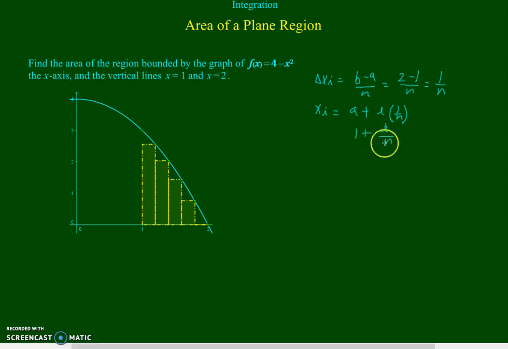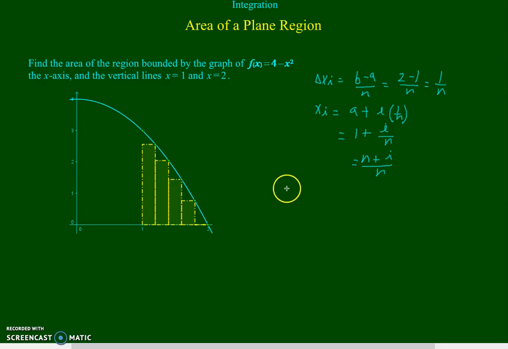And so this is now our x sub i value, 1 plus i over n. We can expand this out, make it (n plus i) over n, and that may make things a little bit easier for us. Let's go ahead and put in our limit.